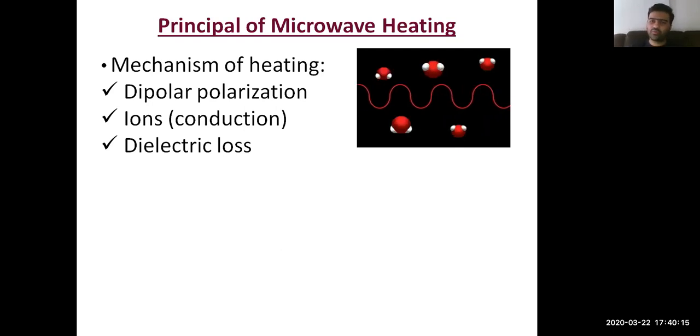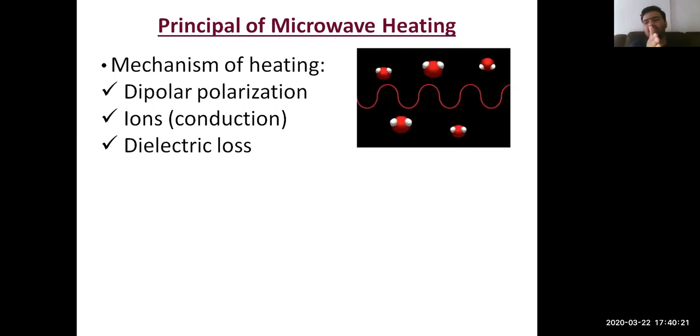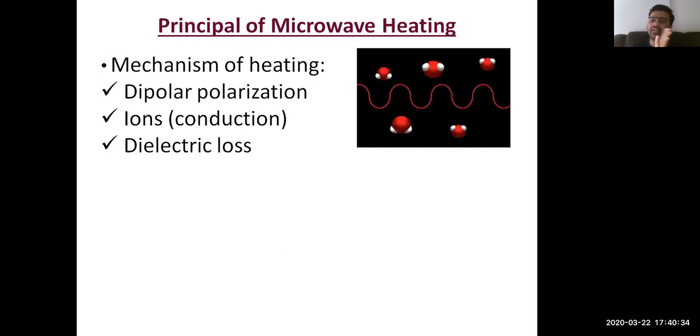Now, you'd be wondering, why doesn't this happen at frequencies which are higher than the microwave radiation, as well as frequencies that are lower? So if you talk about electromagnetic radiation, and if I talk about 1 millimeter to 1 meter wavelength being present over here, then all electromagnetic radiations below 1 millimeter as the wavelength would fall under higher frequency or higher energy electromagnetic radiation.